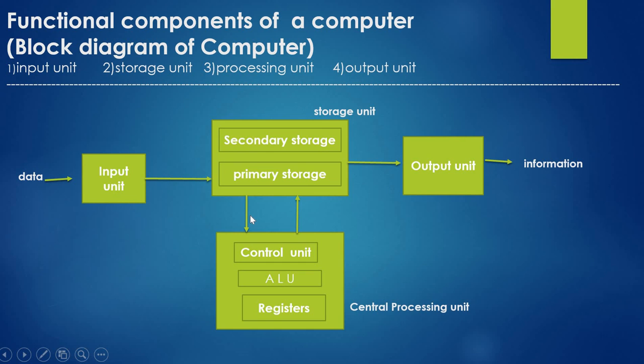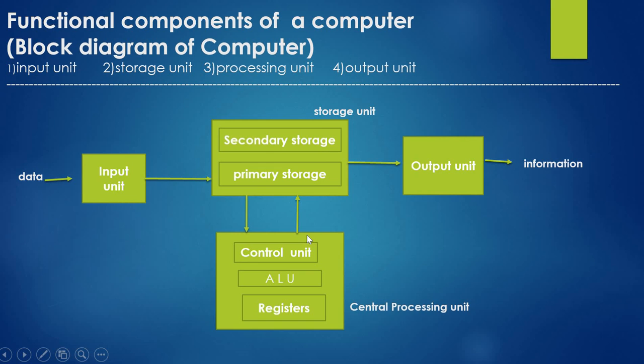Then for processing, the CPU accepts that 101 and 10, that is the binary form of 5 and 2, from this storage unit, and the CPU does the addition. After adding, we will get 111. 111 is the equivalent of 7.